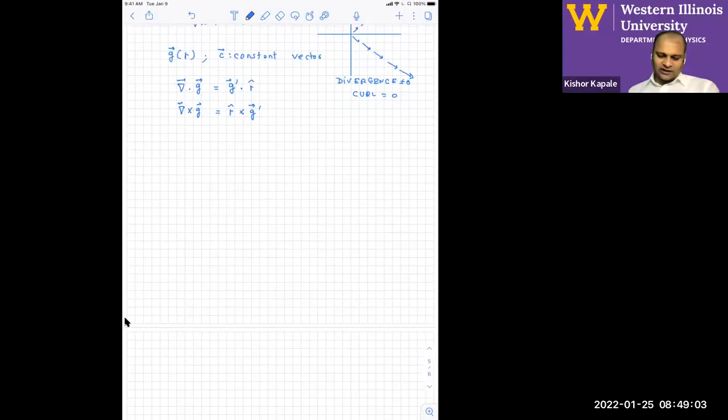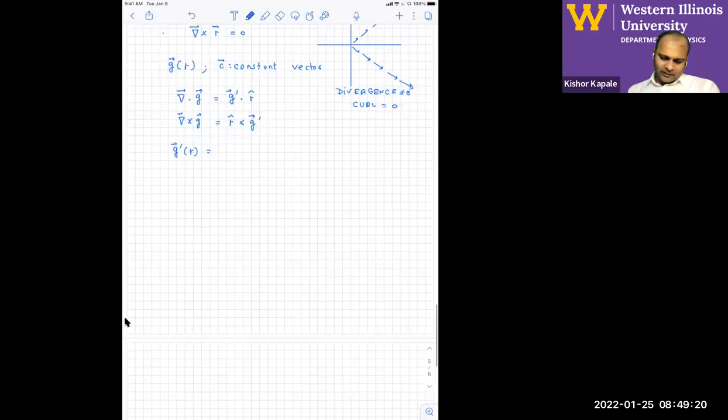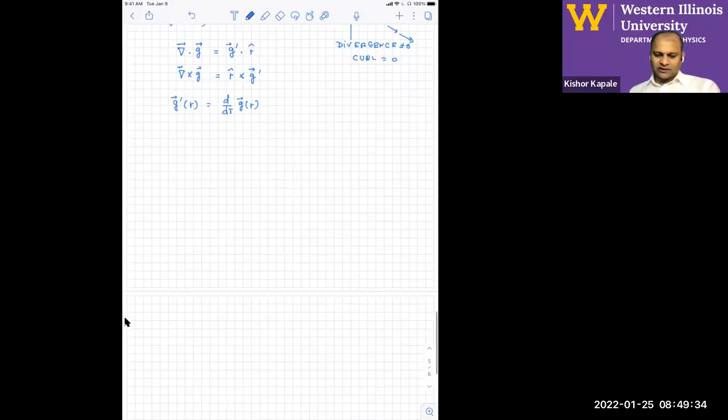Okay, that's another interesting identity. Again, you have to take a look at this and try it out, right? So what is g prime? G prime of r is you take the derivative of each component, so that's very easy: d over dr of g of r.